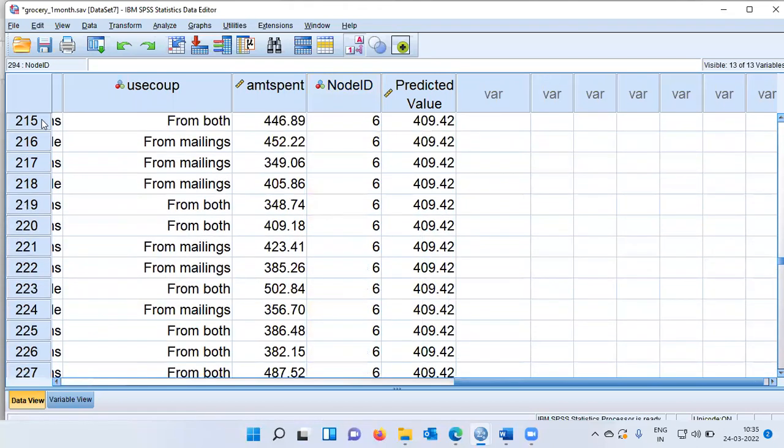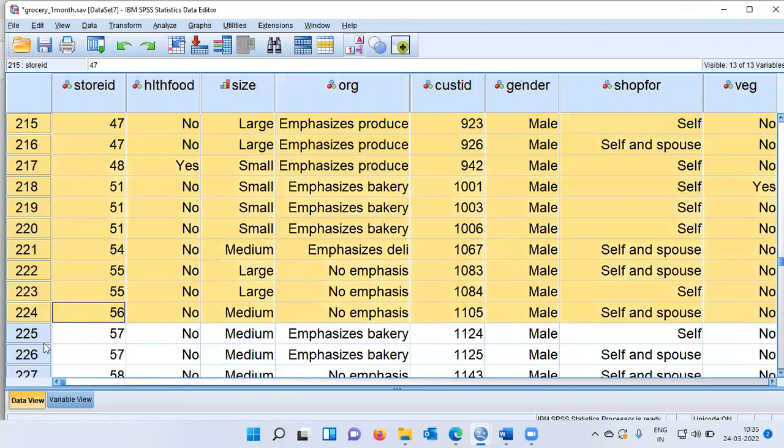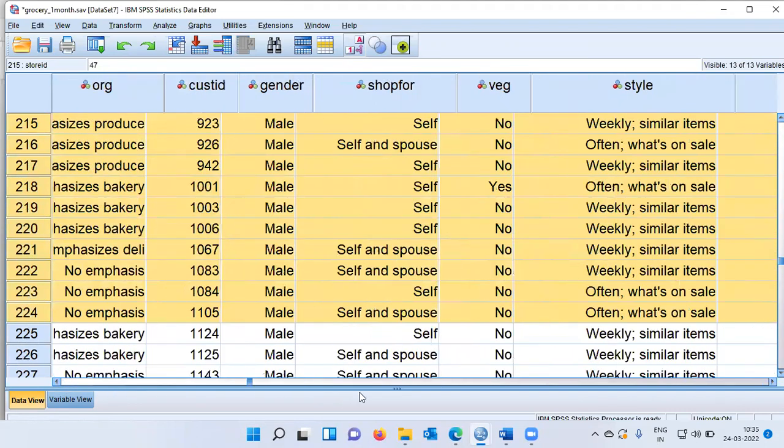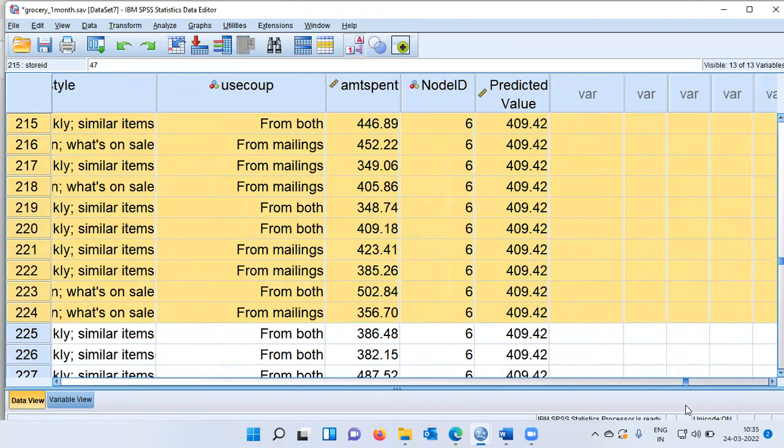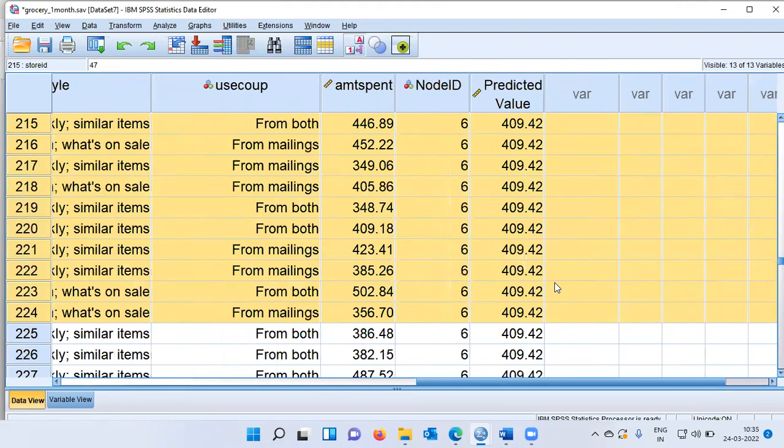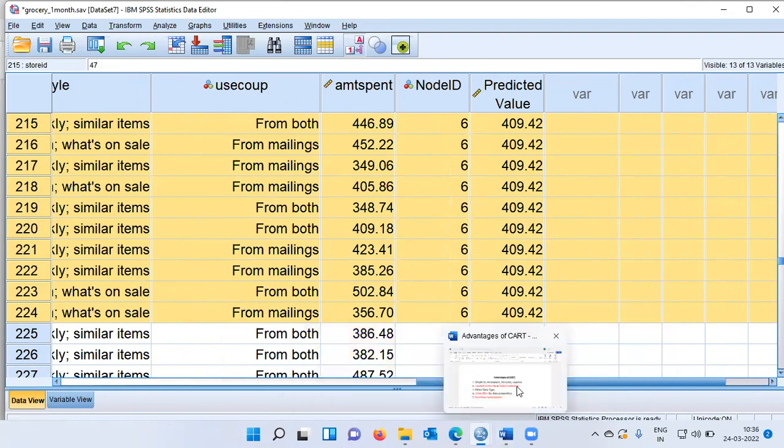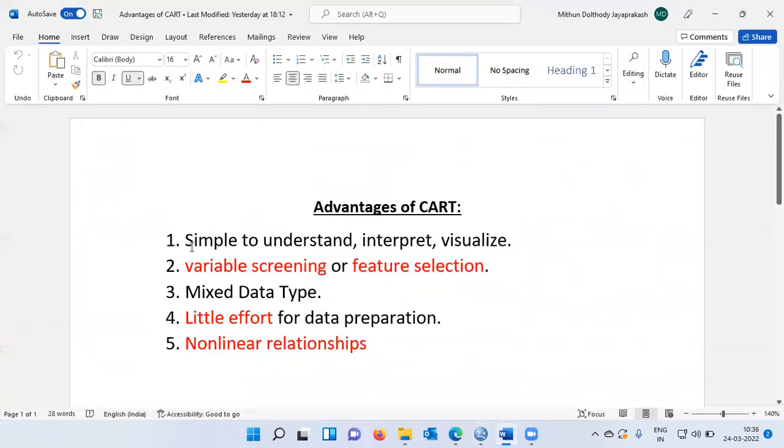Yes, this is also a profitable segment because this represents customers who are spending greater than the baseline amount of $400. So to summarize the benefits of a CART model, firstly, it is simple to understand, interpret, and visualize. It helps in variable screening and feature selection as well.